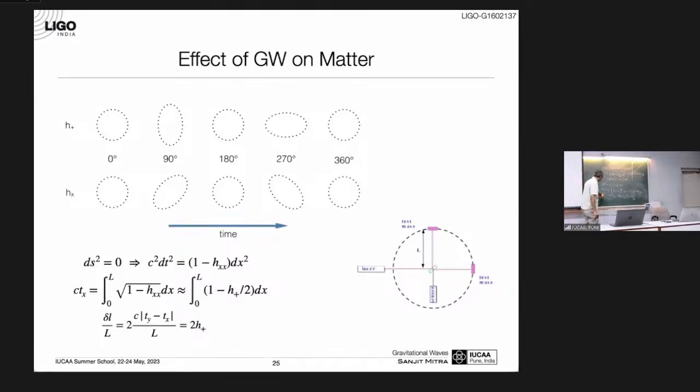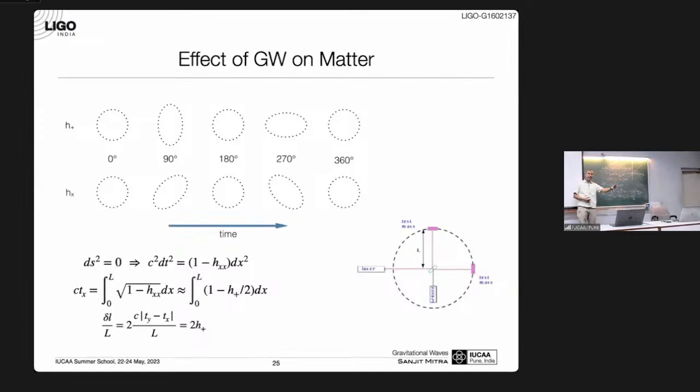Now, I will just check one important thing. When it is going from one direction to another, we had some equation when the light was propagating from the origin to L. When it comes back, actually the same equation applies because they are all squares, dt square and dx square.